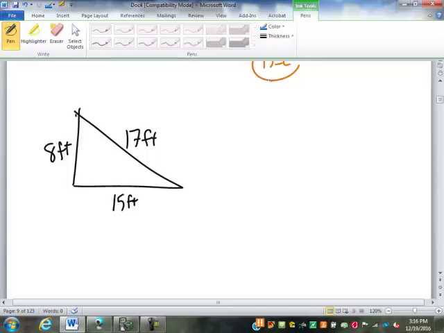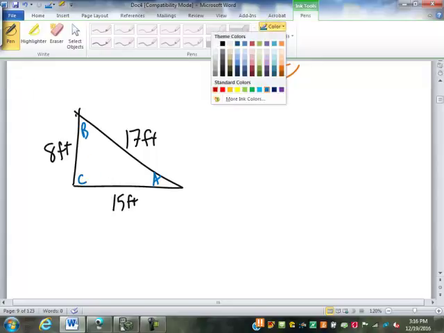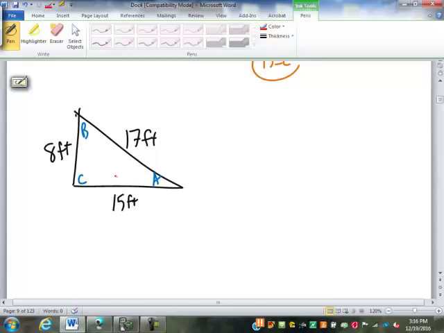If this were a right triangle, what angle would have to be the right angle? A, B, or C? C. Why would it be C? Well, it's the biggest one visually, but it's also between the two shortest sides, right? Remember, the hypotenuse would always be the longest side. So if this is a right triangle, the 17 would have to be the hypotenuse. So the right angle has to be between the two shorter sides.